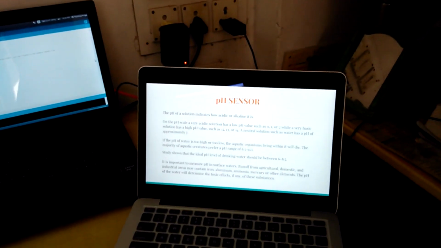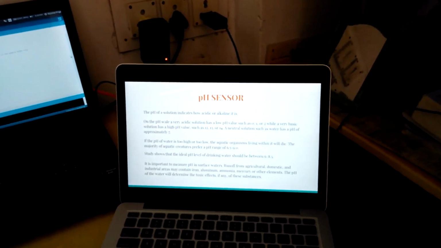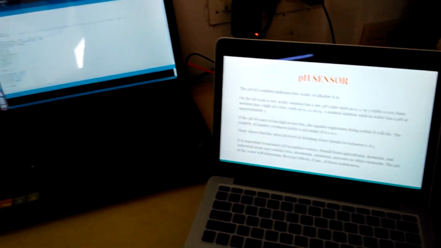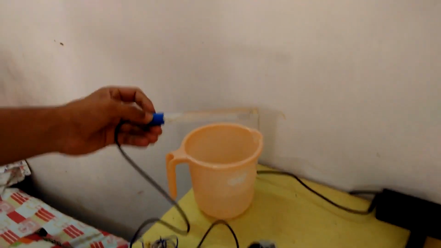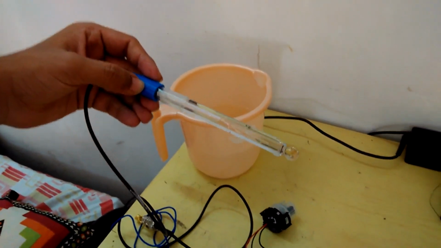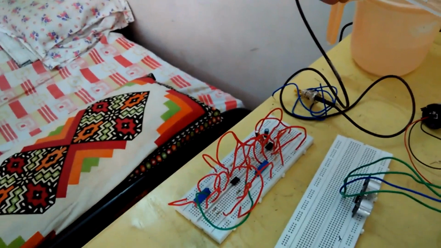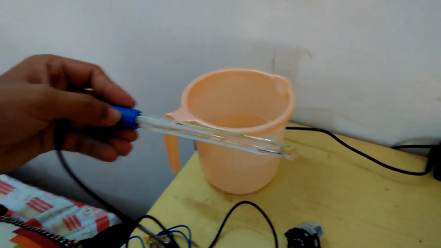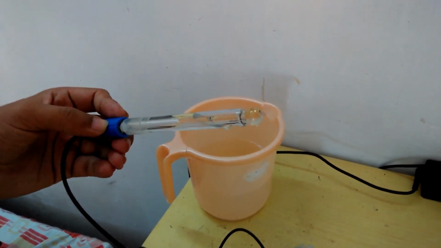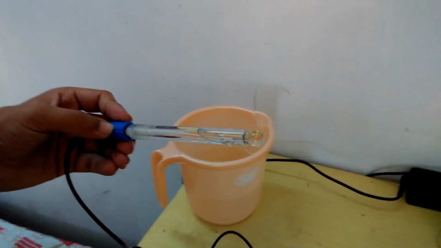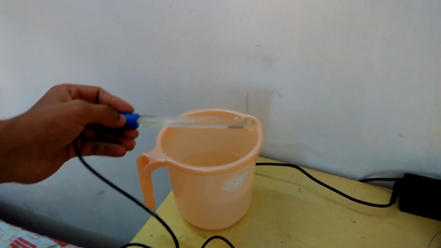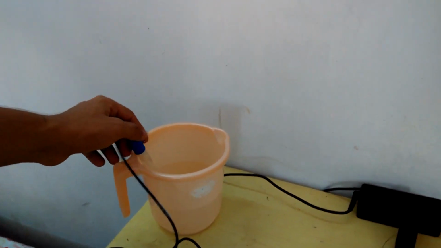We had also tried to implement the pH sensor, and as the name suggests, it is able to measure the pH of water. This is a cool looking probe and its associated circuit. The probe has a solution whose pH is known, which acts as a reference solution.